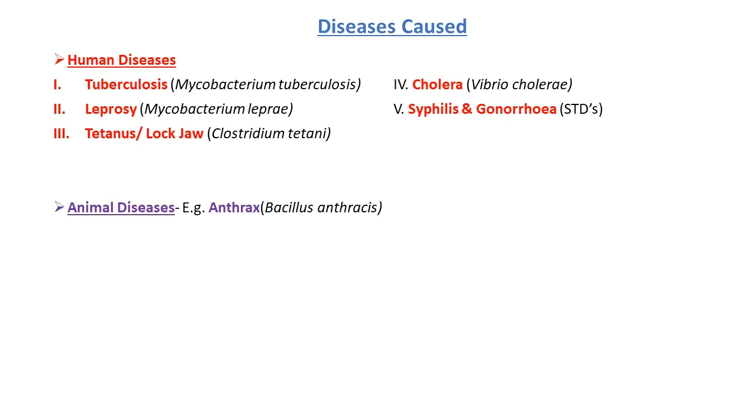And the example for the plant disease is citrus canker. The genus or the scientific name of the bacteria is Xanthomonas citri. Citrus plants mean lemon, orange, etc.